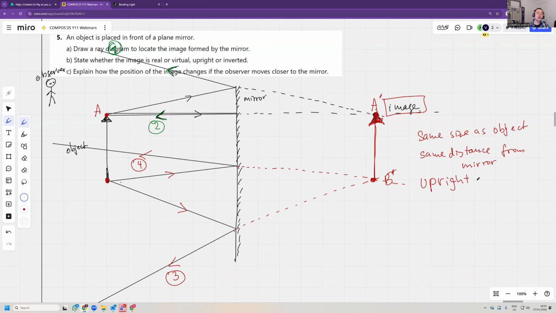I had this conversation with a colleague, a physics teacher at school, and he said, well, yes, the image is the same size as the object as long as the mirror is big enough. Because if you take a small mirror, you can place it and you can see a whole house in the mirror.